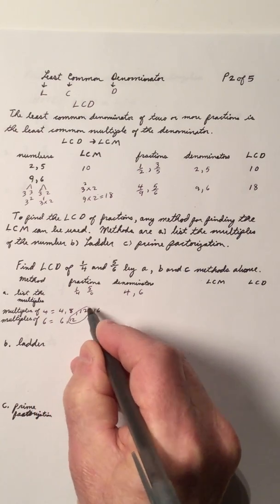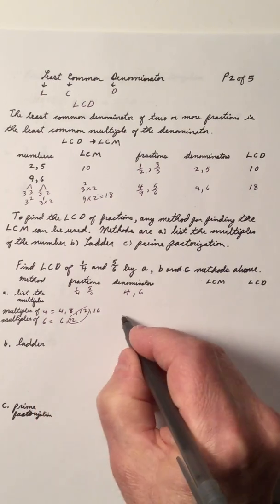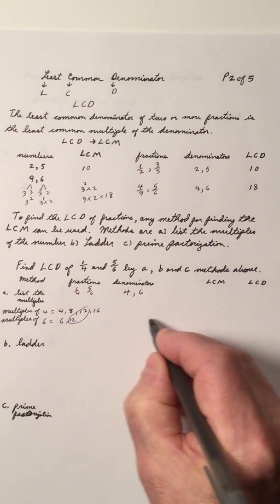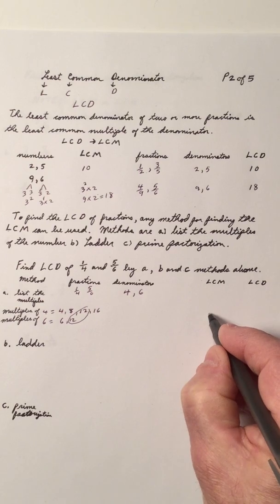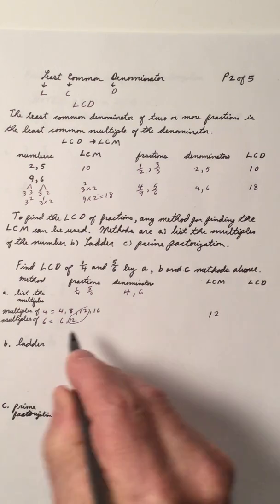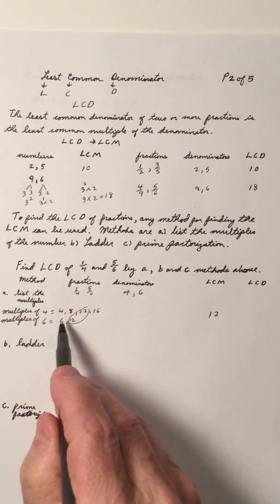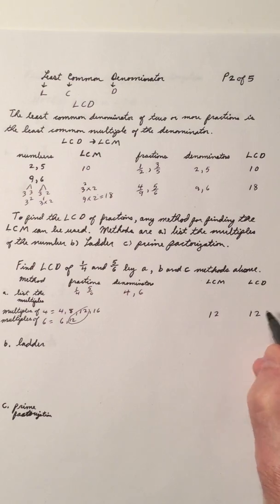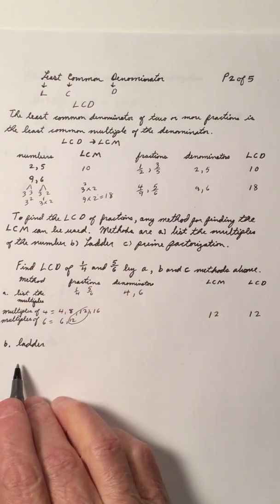And as you notice, the common multiple is 12. Least common multiple of 4 and 6 is 12, working it out this way. This is when you list the multiples and pick out the least common, which is your least. 12 now is your least common denominator.